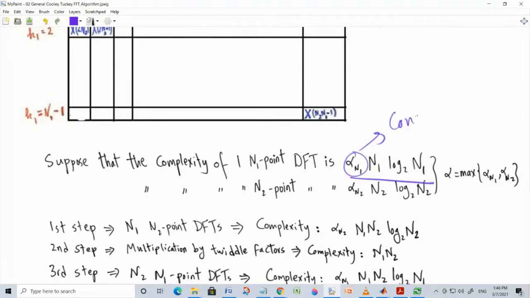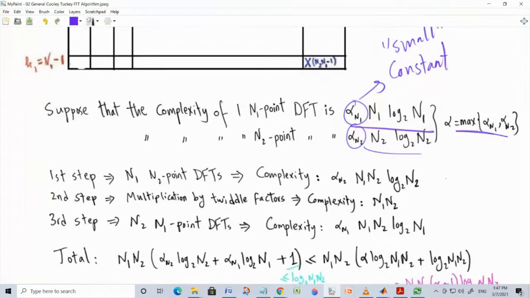So this is a constant. Typically, it's a small constant. And this is another constant. And let alpha be the larger of these two constants. We will make use of it later. Let's basically track the operations and show that the algorithm we are talking about is actually order N log N. It is a fast Fourier transform.